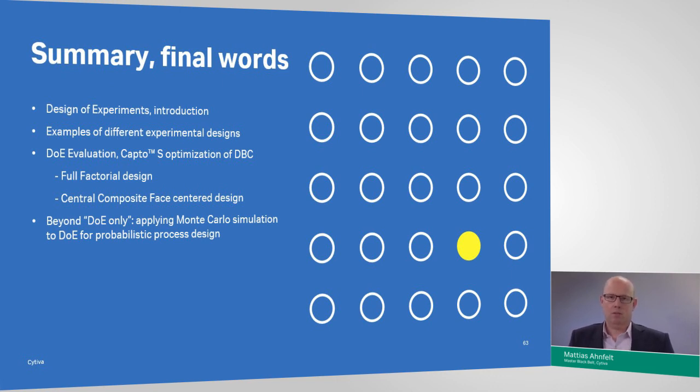So design of experiments is wonderful in terms of quantifying the f of x part, using all the experiments to also quantify random variability. However, the DoE approach is deterministic.